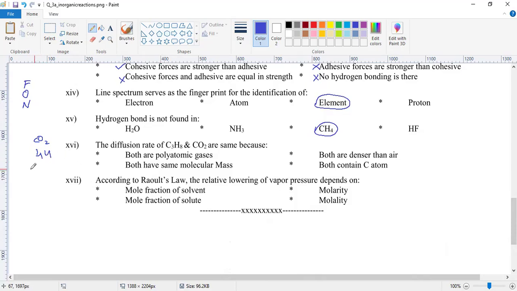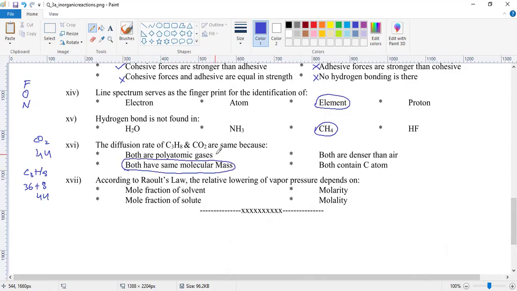And C3H8: 12 threes are 36, plus 8, it is also 44. So the reason is that both have the same molecular mass. So this is the correct option.